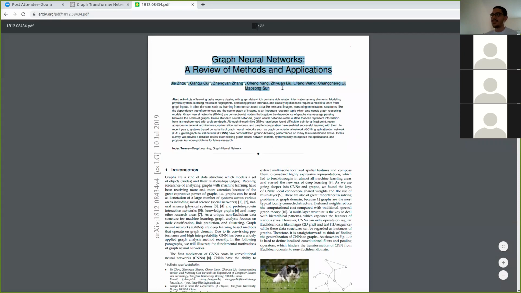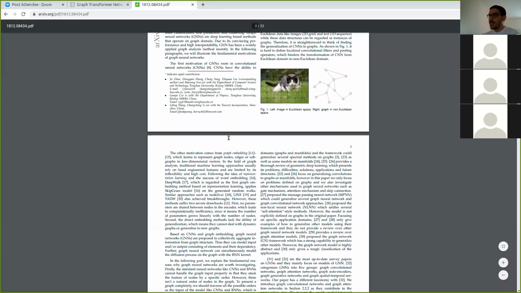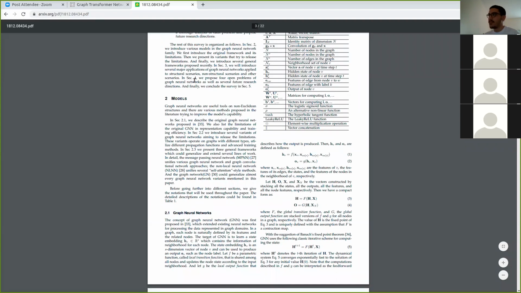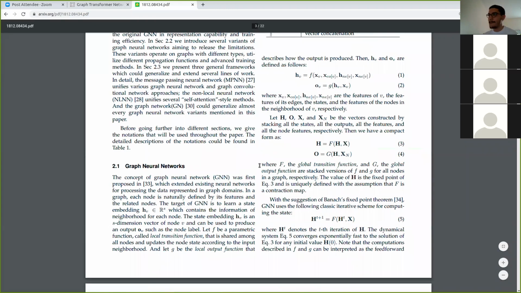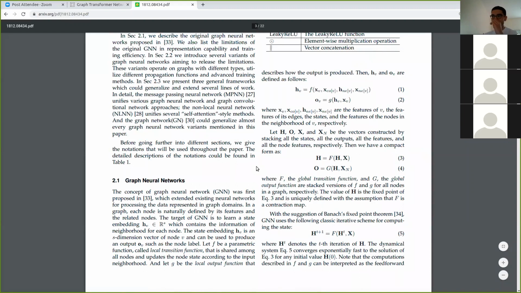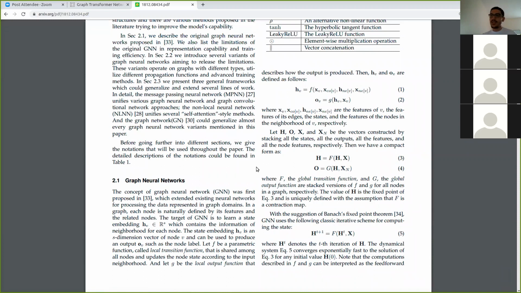Here's the title, and here are the authors. So let's start with the most basic GNN here. So maybe if I zoom in a bit. Okay, so the goal of a GNN is to learn some distributed vector representation of each node.